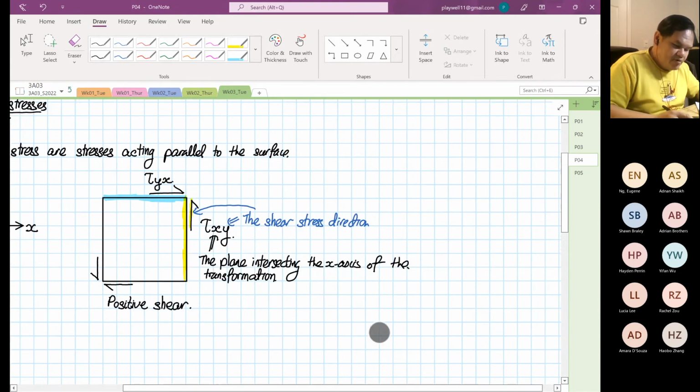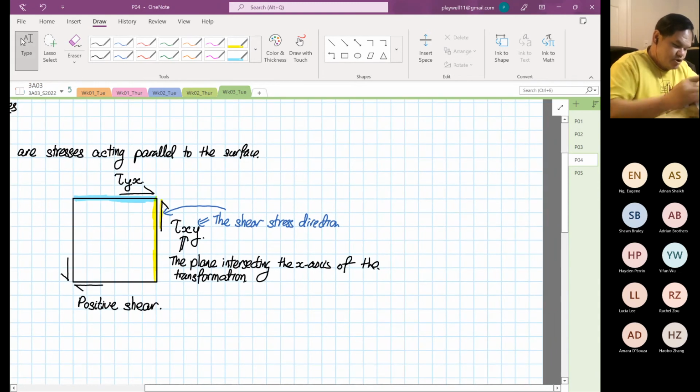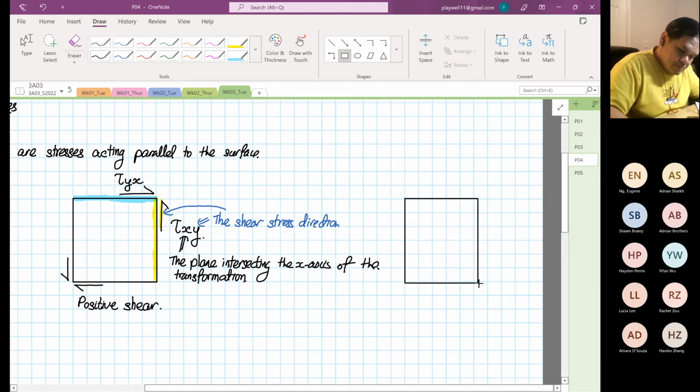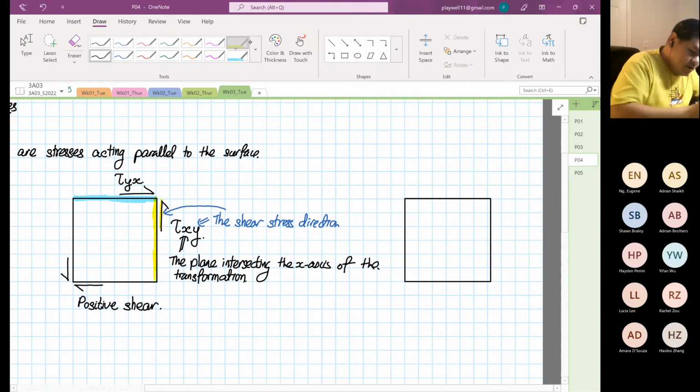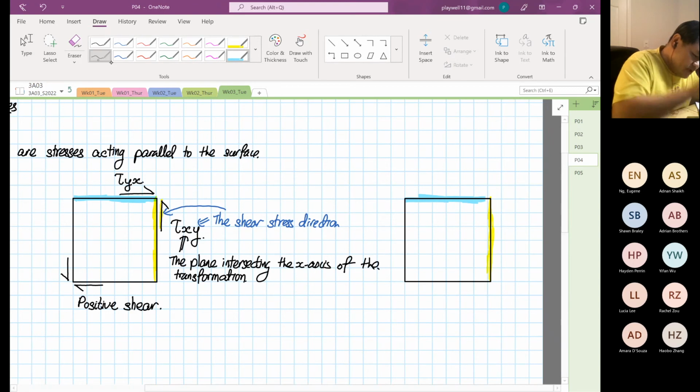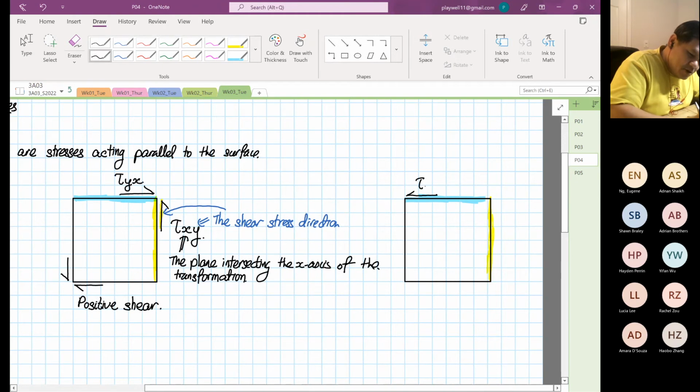Then if I have to construct negative shear, I'll draw the same element. For negative shear, you only need to control these two surfaces. This is again your shear.